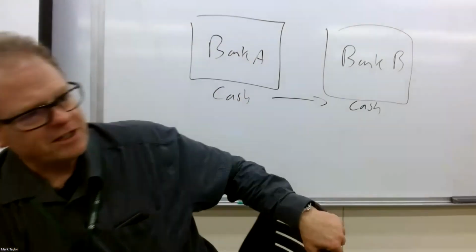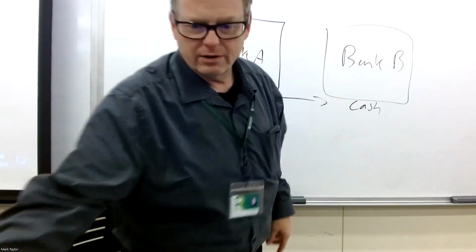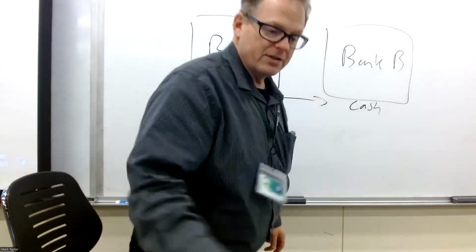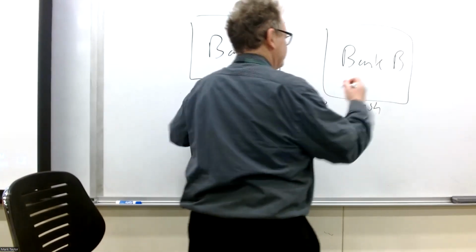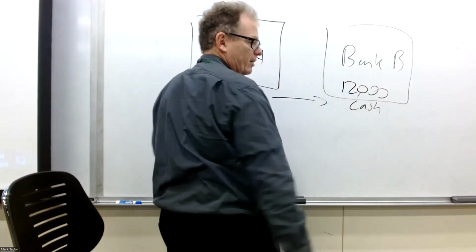This is going to look like magic money showing up in the bank account. I forgot how much was in there. $12,000. It's going to show magically that $12,000 appears in this bank. There's not going to be any record of it.